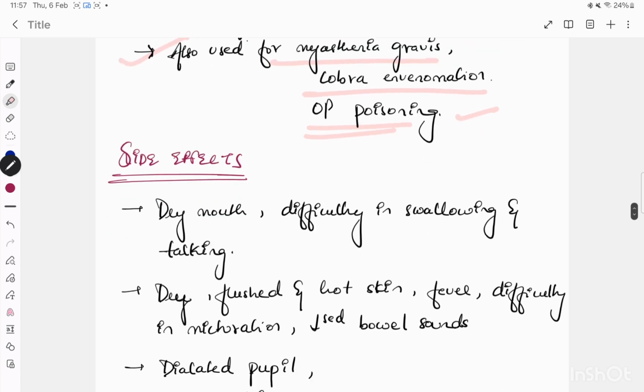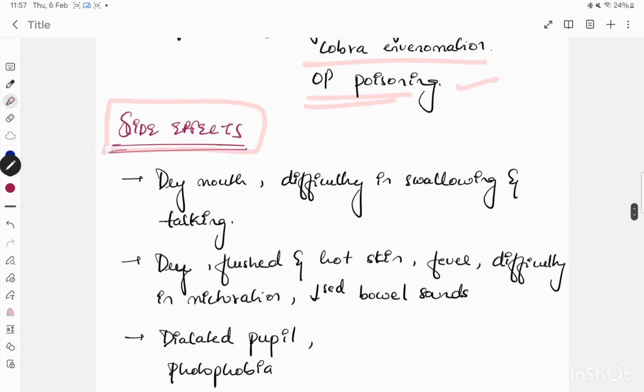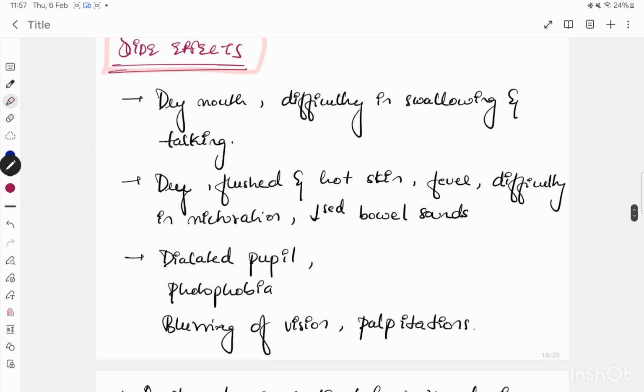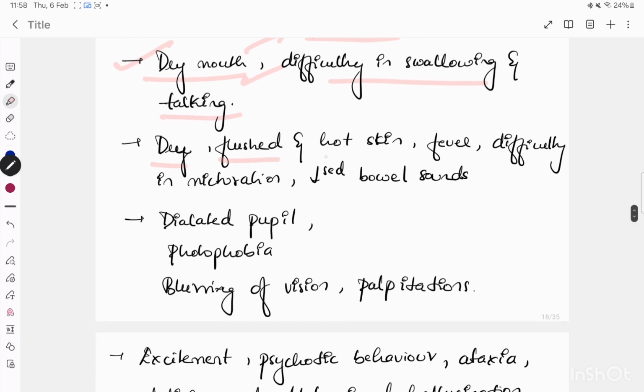Look. Side effects. What can be the side effects of atropine? Atropine causes side effects such as dry mouth. Why dry mouth? You tell me. Because it causes a decrease in secretions. If there is too much decrease in secretion, there will be dry mouth. This can lead to difficulty in swallowing and talking. There is dry, flushed and hot skin. Fever takes place.